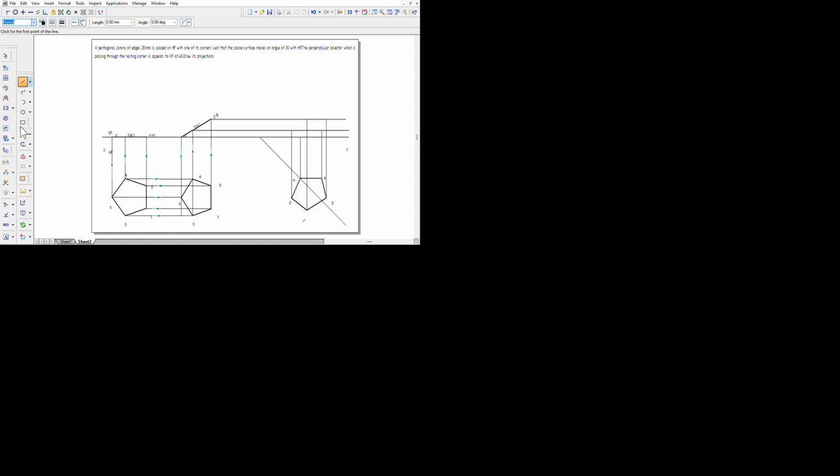Now let's take a visible line and connect it.